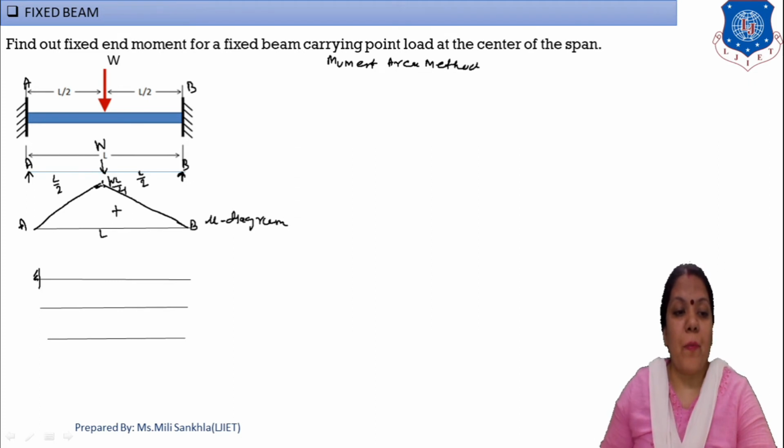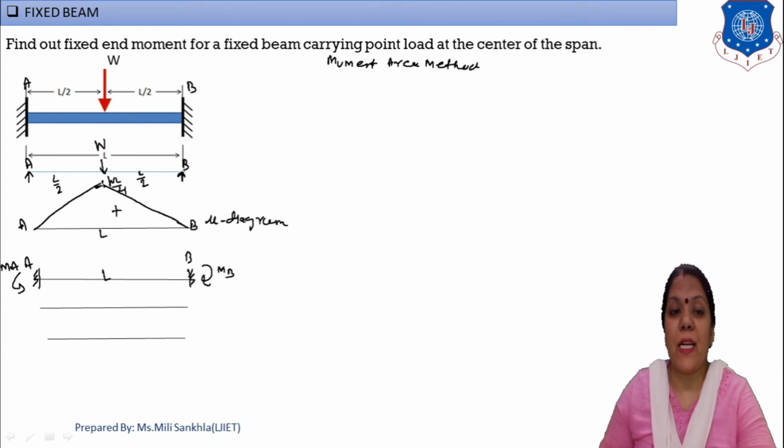Now apply the hogging moment. First of all, give the notation AB, this distance is L, and apply the hogging moment. This is our moment at A and this is our moment at B. Now draw the BM diagram of this hogging moment.